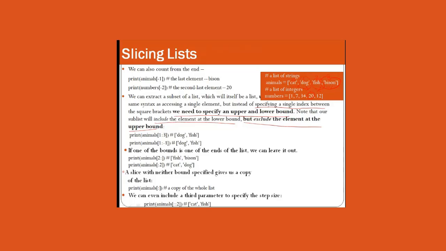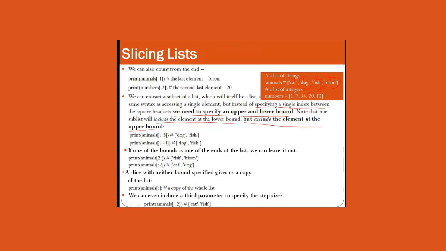So 2 colon, with nothing mentioned after it, means starting from 2: you can see it starts from fish and goes up to bison. Then colon 2 goes up to, but does not include, 2, so up to 1: cat and dog.